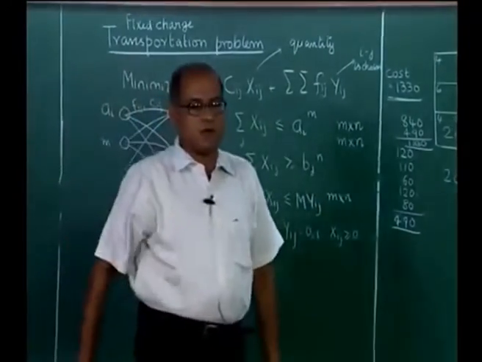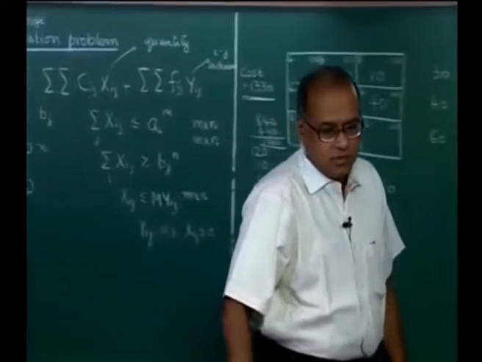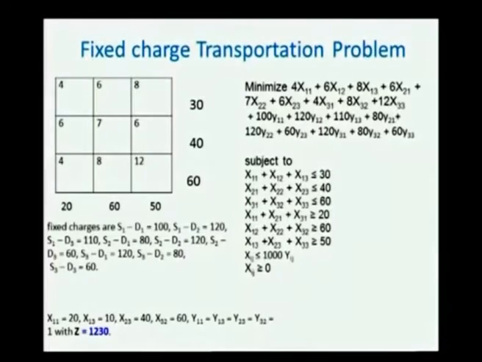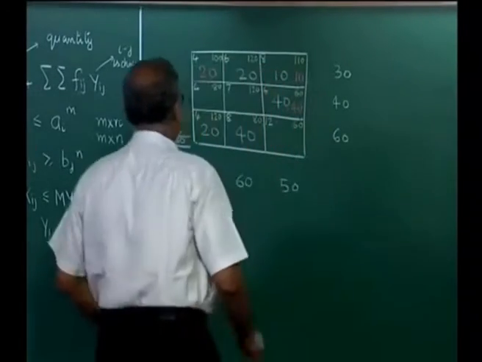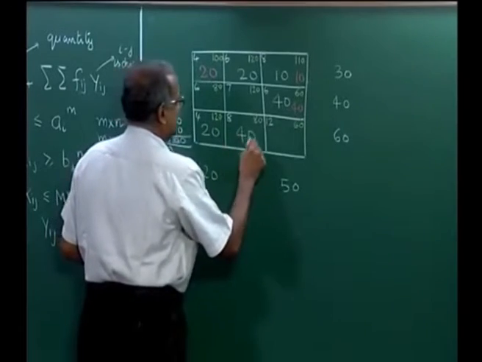If we solve this problem optimally, our solution would be x11 is 20, x13 is 10, x23 is 40, x32 is 60.